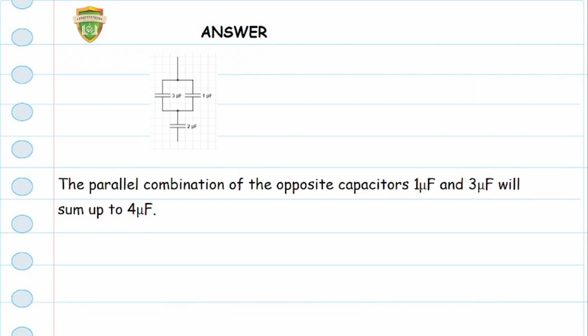For capacitors in parallel, you add the capacitances. So we add 1 and 3, which gives us 4.